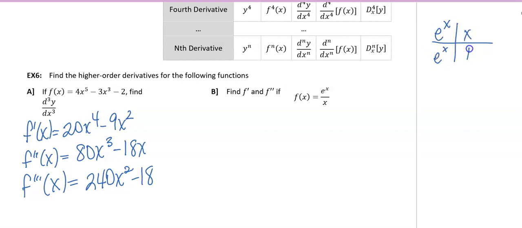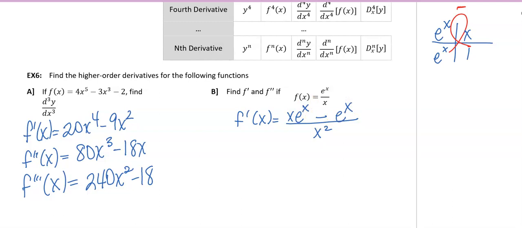Take my derivative of each, and let's take our first derivative. And remember our denominator squared. Let's do the bow tie, and it's a quotient, so I want minus. So this should be x e to the x minus e to the x.